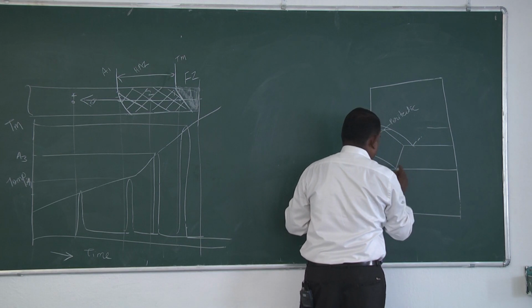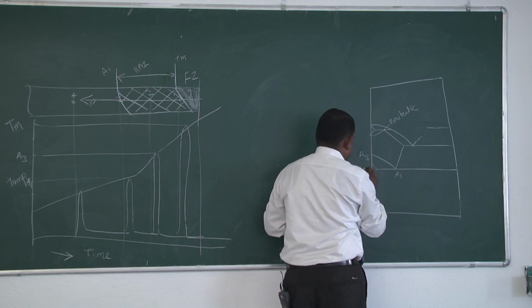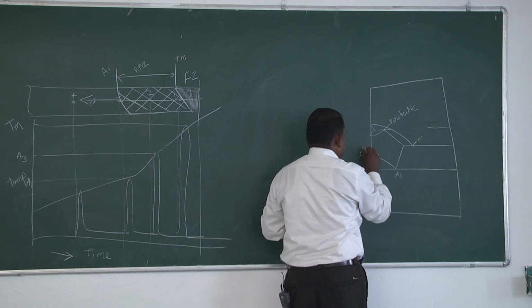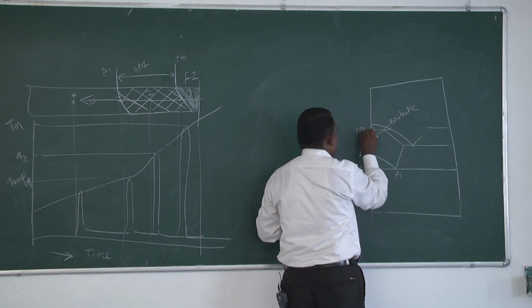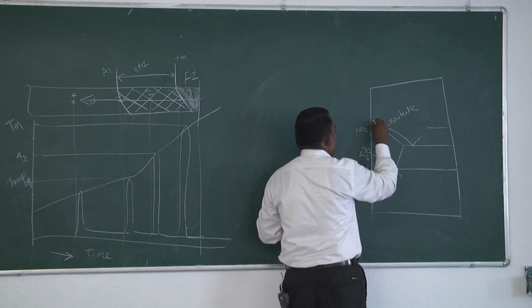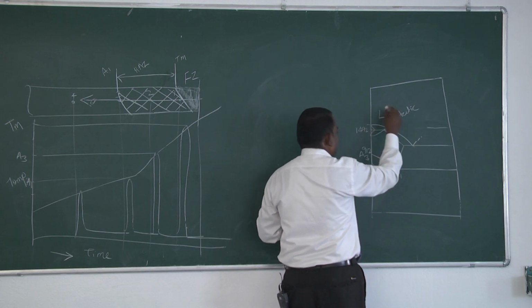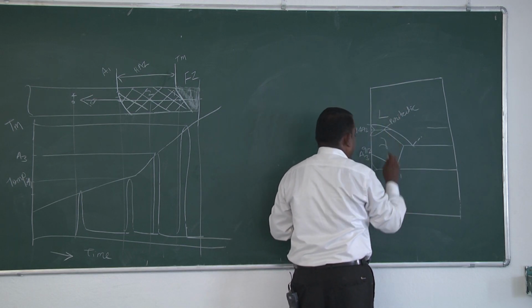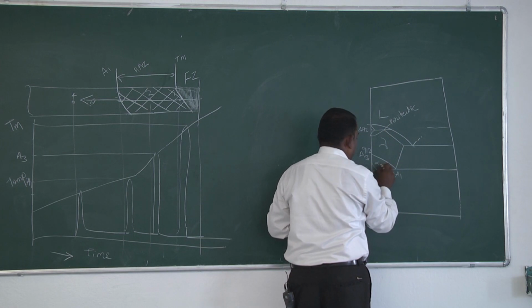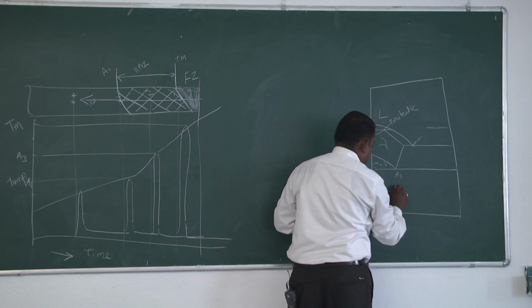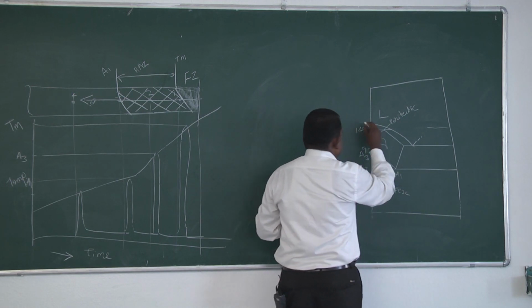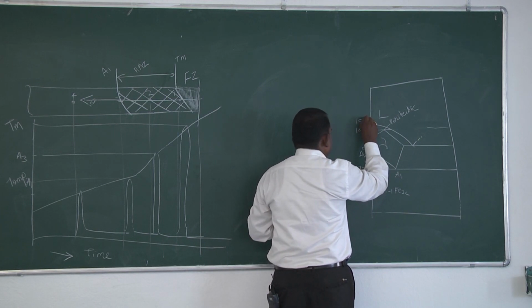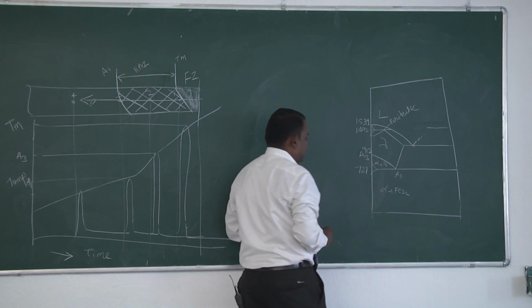A1 is at 727, this is 912, and this is the peritectic at 1492. Above the liquidus we have complete liquid, this is your complete gamma, this is alpha plus gamma, and this is alpha plus Fe3C. And with respect to temperature, 1539 is the melting temperature of steel.